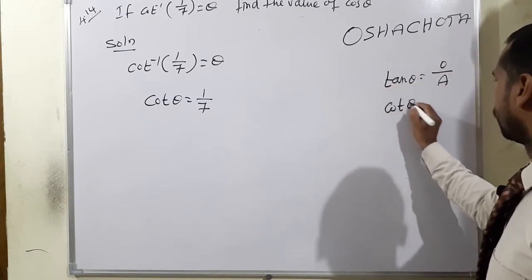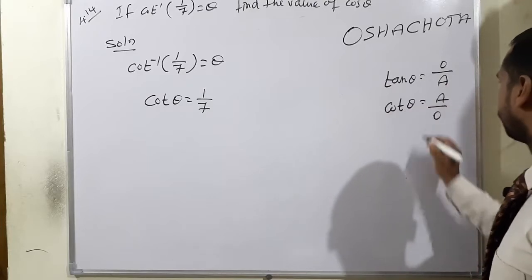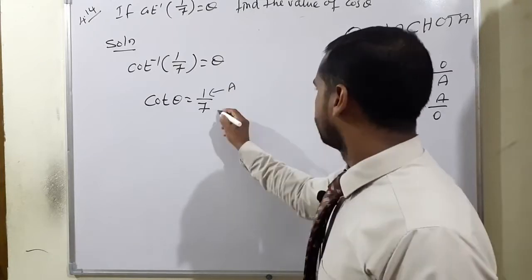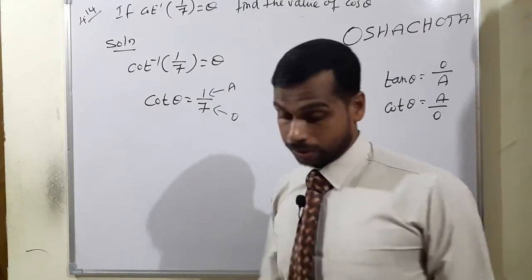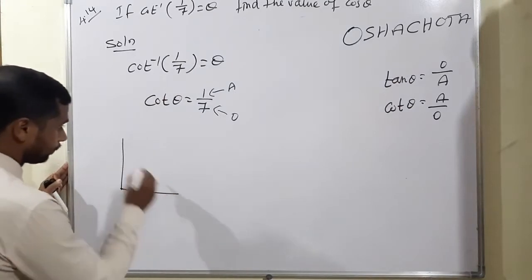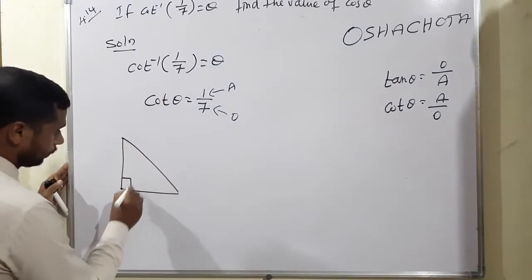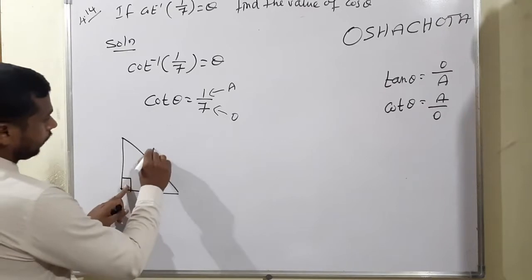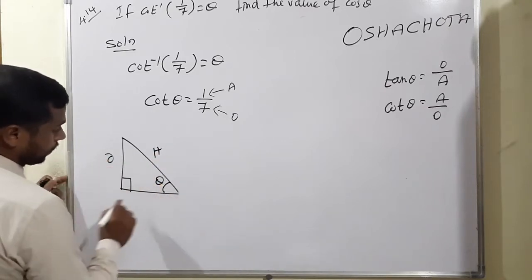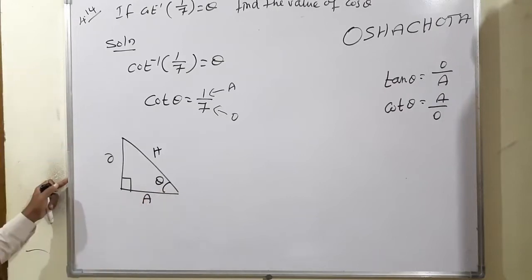Therefore cot theta means adjacent divided by opposite. Therefore this is adjacent, the denominator is called opposite. So in a right angle triangle, the side opposite the right angle is called hypotenuse. So theta means this is the opposite side, and the remaining one side is called adjacent.